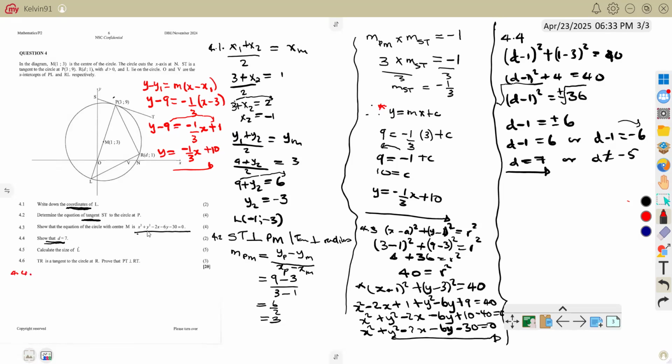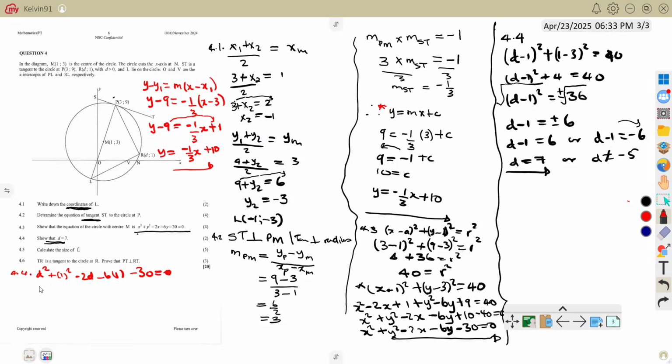Where there's x, put D. So it's going to be D squared plus y squared, but our y is 1, so it's plus 1 squared minus 2x, but our x is D, minus 6y, our y is 1, minus 30 equal to 0.